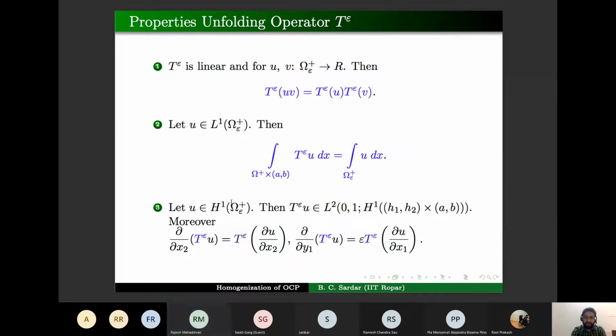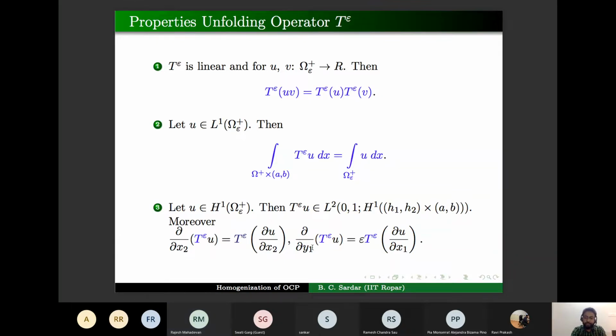The next property, number 3: if you have any function in the H1 space, under unfolding it will belong to this kind of Sobolev space. And we can also take the derivative del by del x2 and interchange it. So we have both properties.